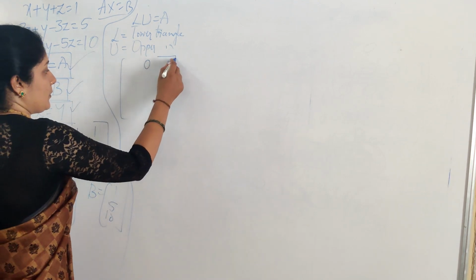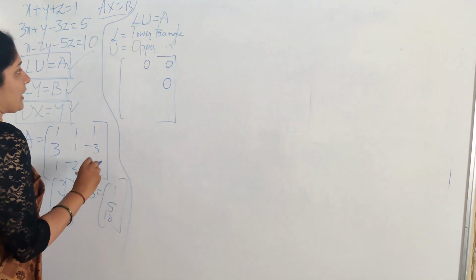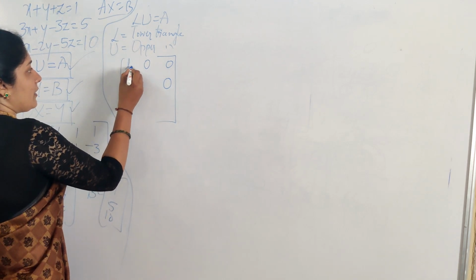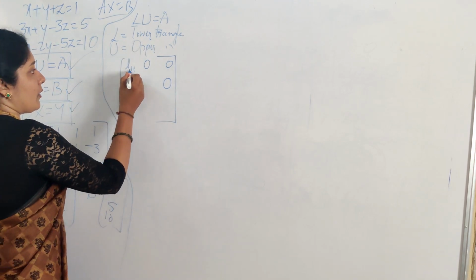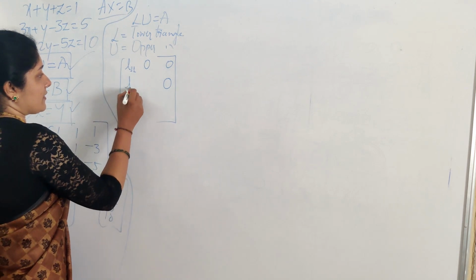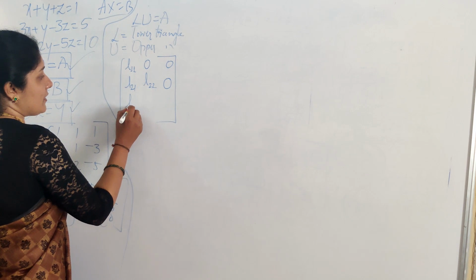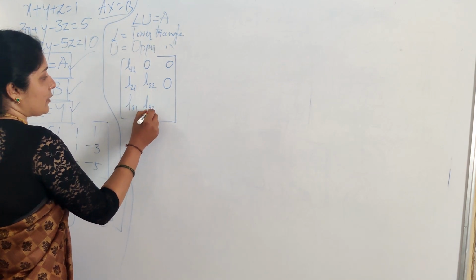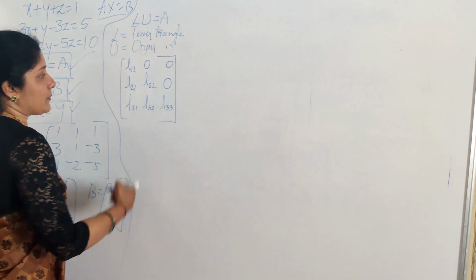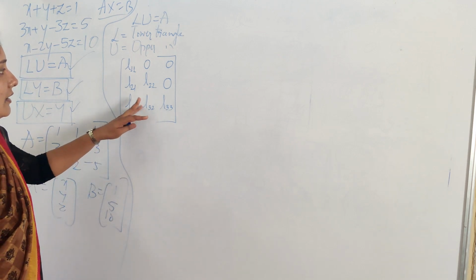Okay. So, now, let me write these elements. L11 means row 1, column 1. Next, second row, first column, L21, L22. Next, L31, L32 and L33. This is L matrix.